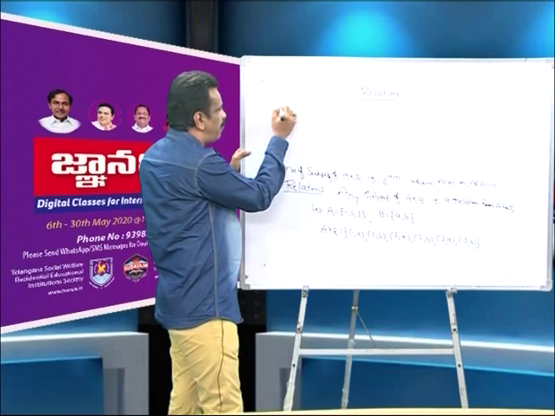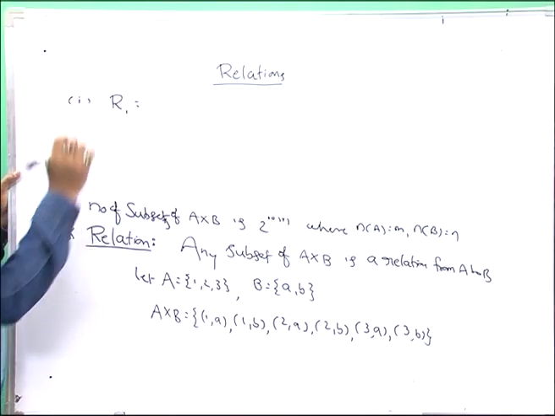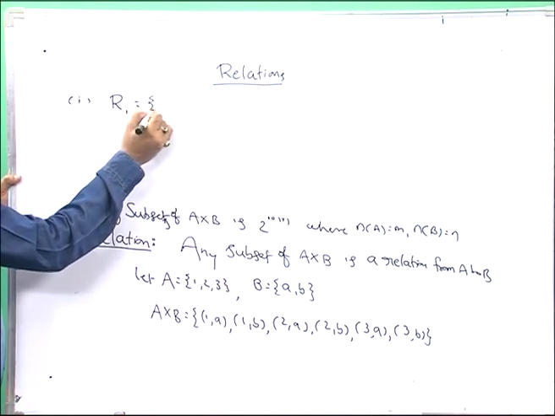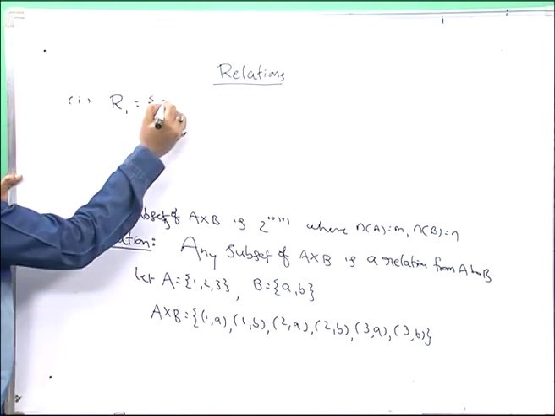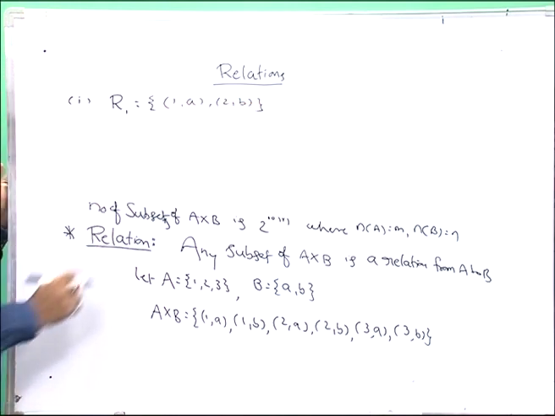See here, point number 1, I am taking R1. I want to take a subset of A cross B. R1 contains (1,a) and (2,b), suppose.